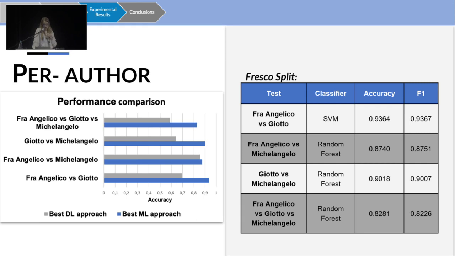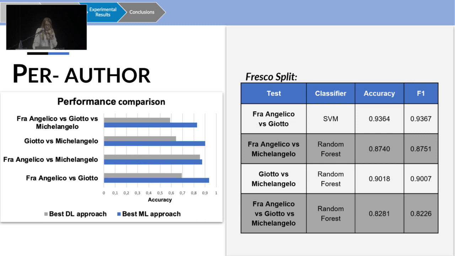Just for Frangelico and Michelangelo, we can observe how the accuracies are more or less close. Why this? Probably because the samples of these two authors were very different in terms of colors, and so this maybe can help the model to discriminate between them.